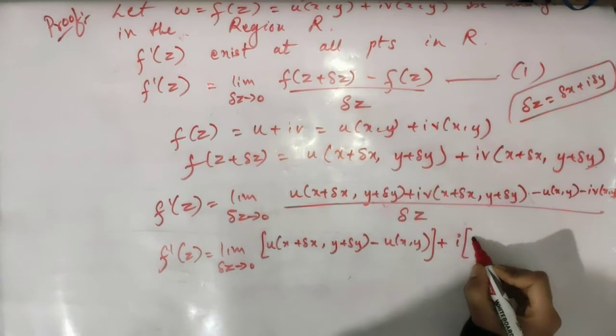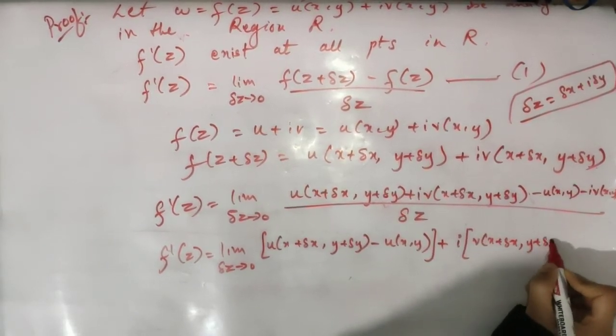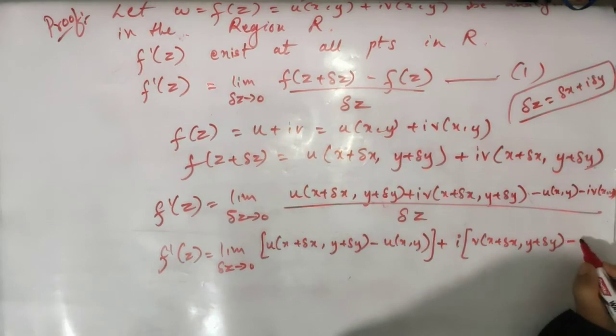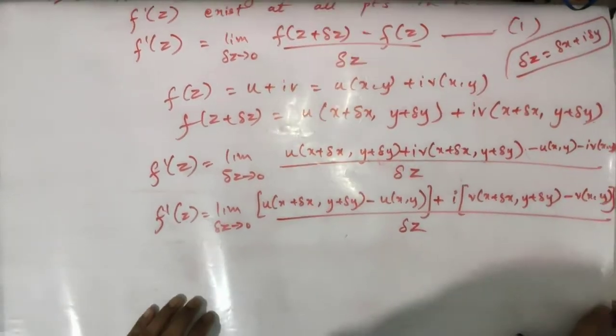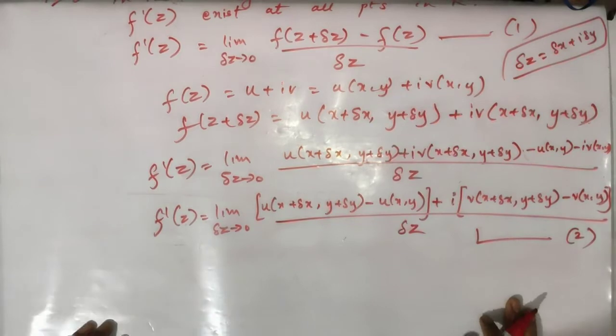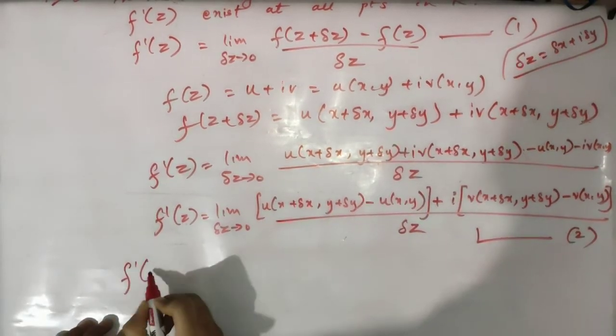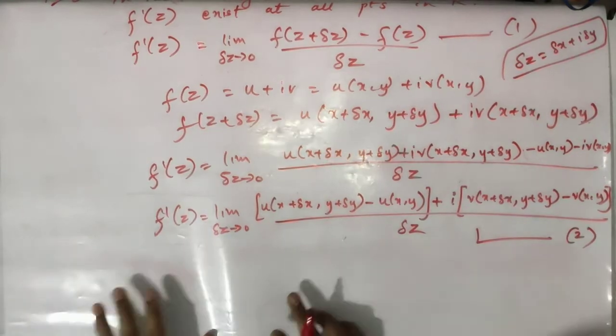The imaginary part I am collecting. I hope this point is clear to you. So this is going to be my equation 2, I will say. This is my f dash of z.